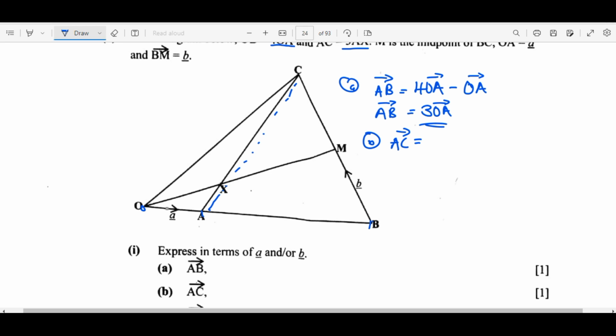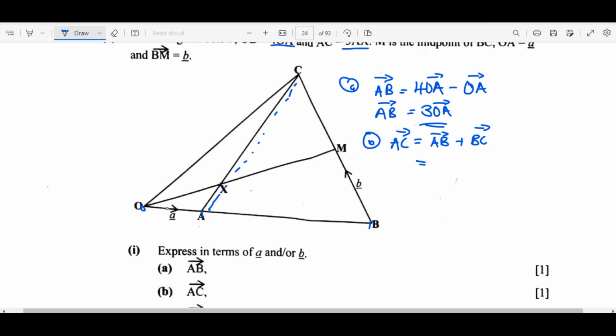So AB we've answered, so we can use this route to go to C. So we'd say AC is equal to AB plus BC. So we can do substitution there. We've calculated AB, we know what AB is.